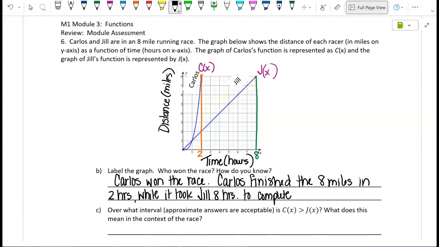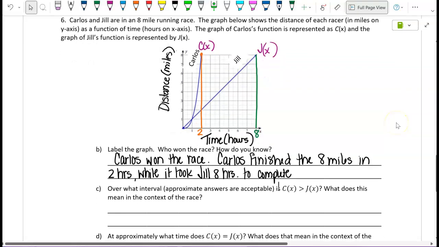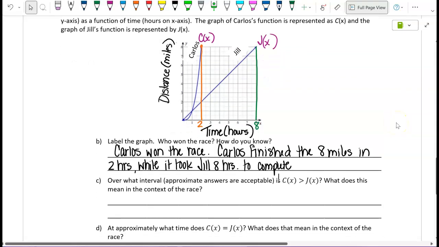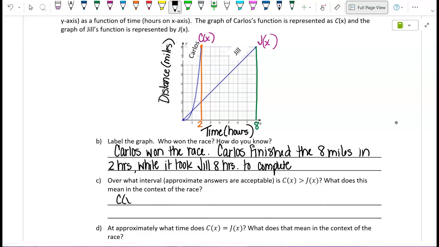Over what interval is c of x greater than j of x? So after the 1 hour mark is when Carlos went ahead. So c of x is greater than j of x when the domain is parenthesis 1 comma 2 bracket.